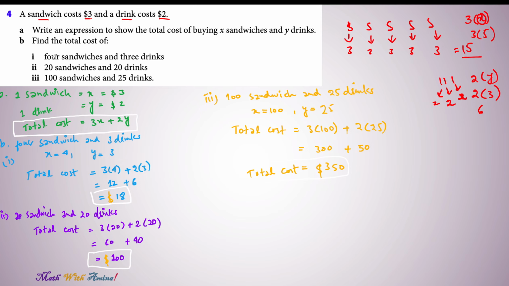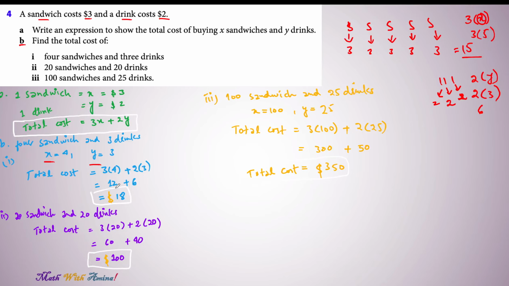So the very first part of part B is asking us the total price for 4 sandwiches and 3 drinks. So X is equal to 4 and Y is equal to 3. So we will plug in the values of these variables in the equation that we have just expressed. 3 multiplied by 4 is equal to 12.